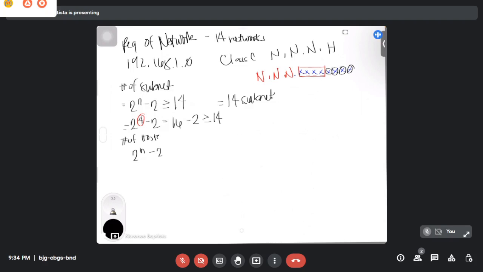So we can say 2 raised to 4 minus 2 is also 16 minus 2, which is equals to 14 hosts per subnet. Okay, 14 hosts per subnet po tayo meron. Ngayon, kukunin po natin yung tinatawag nating customized subnet mask.